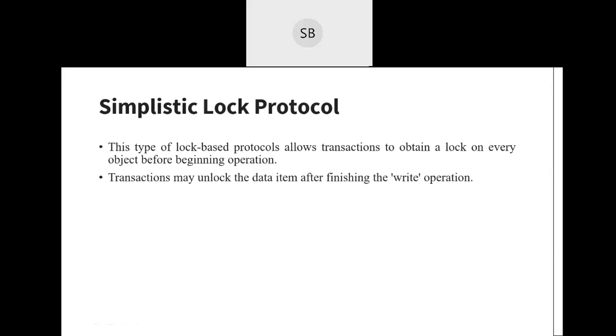So before you perform any operation, you ask for all the locks. Then whenever you are done with your operation and have made the changes, you can just unlock it. This is the simplest one. If you want to perform any operation, you ask for the exclusive lock and then release it once it is done, after you have made the changes. So that is known as the simplistic lock protocol. It's the easy one.